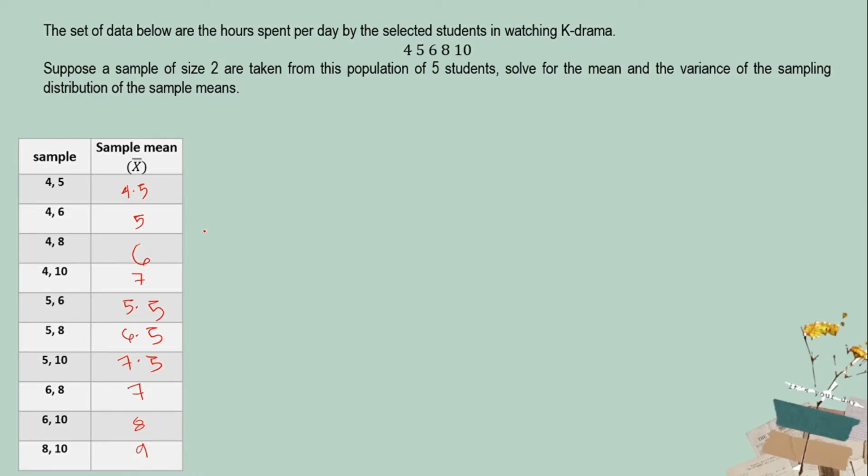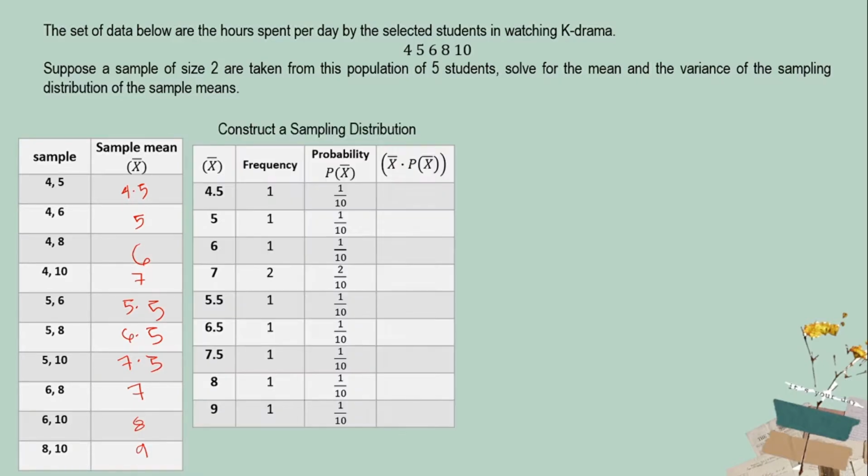Now that we have the sample means, we're going to construct a sampling distribution. So since our sample mean 4.5 appears only once, the frequency is 1. Same with 5, 6, 5.5, 6.5, 7.5, 8, and 9.